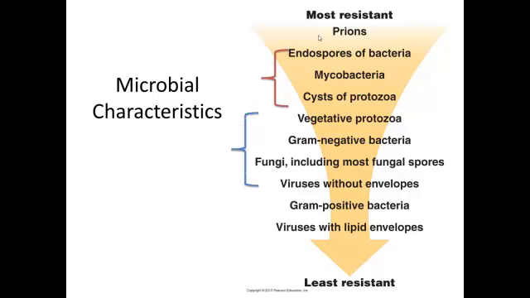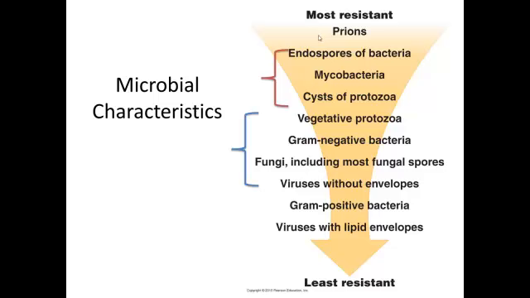Now your next group: your vegetative protozoa, your gram-negative bacteria, fungi including most fungal spores, and viruses without envelopes. These are resistant, but they're less resistant than the previous categories because they're actively living and moving around.